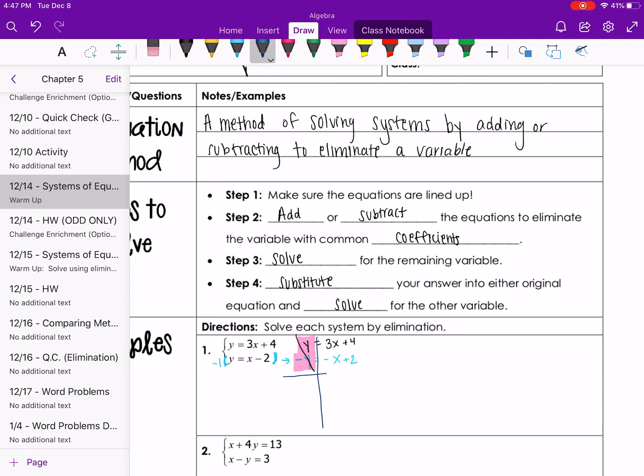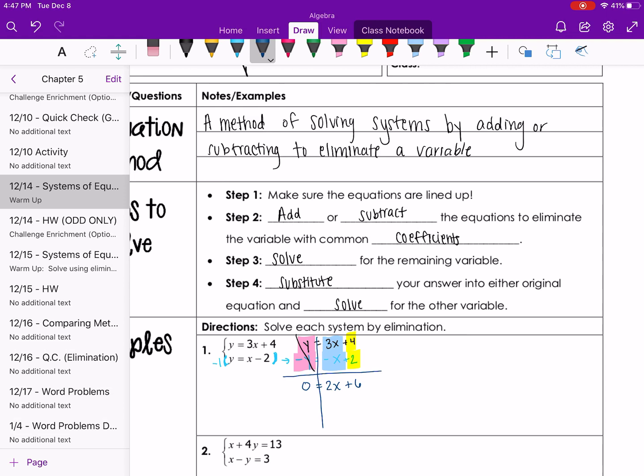And technically, what that leaves me with on the left side is 0. I can further combine my x terms, 3x minus x would give me 2x, and then 4 and 2 would give me 6.